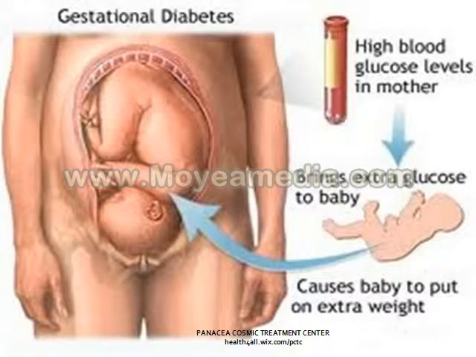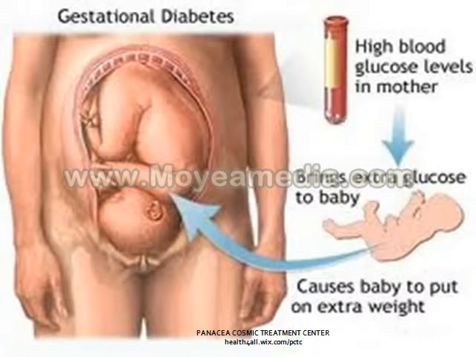Glucose can't get into the body's cells, causing high glucose levels in the mother's bloodstream. This enters the baby through the placenta. This brings extra glucose to the baby and causes the baby to put on extra weight.